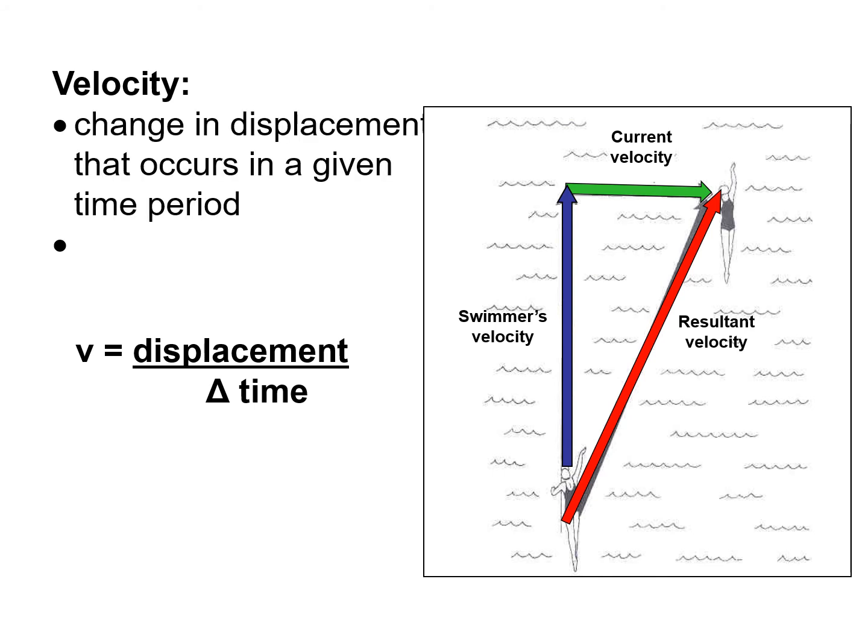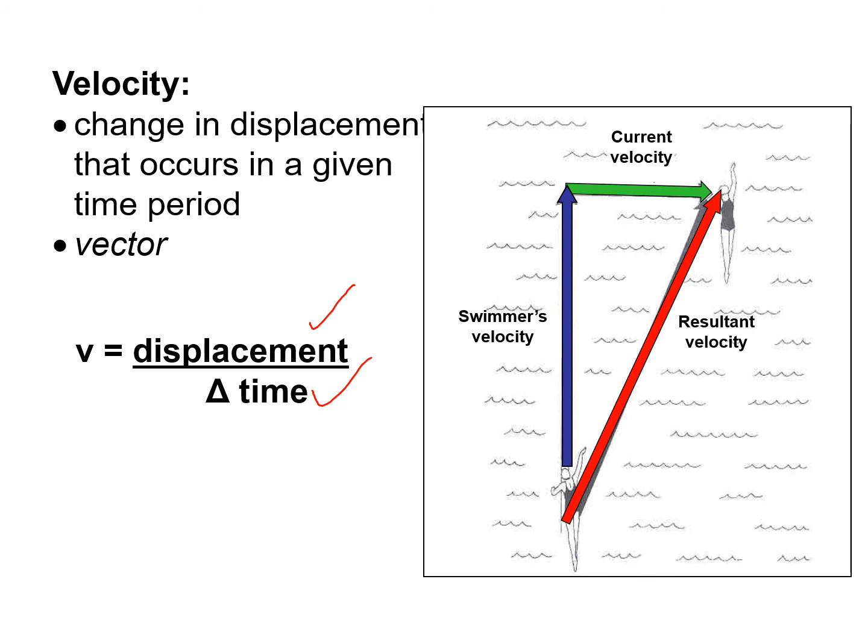Remember that velocity is a change in displacement that occurs in a given time period, and it is a vector. It has displacement over time, and it has a magnitude and direction. So when we look at this picture, we see a change in velocity.